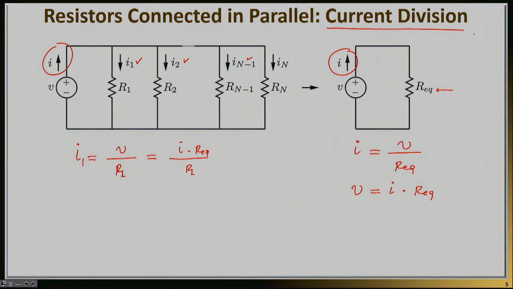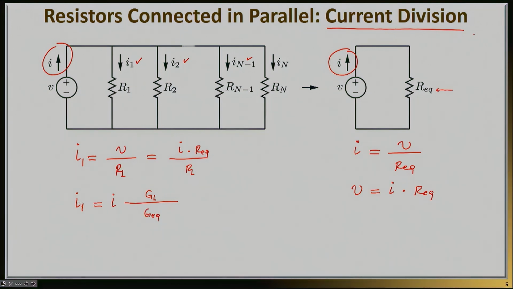Now let me slide this into an equation that essentially shows more explicitly the current division that is taking place. I can write down that I1, the current flowing through the first resistance, will be equal to the total amount of current, I, that I will get, times G1, I'm bringing 1 over R1 to the numerator, over Geq.